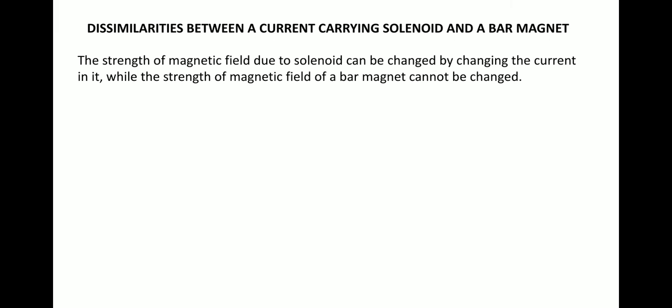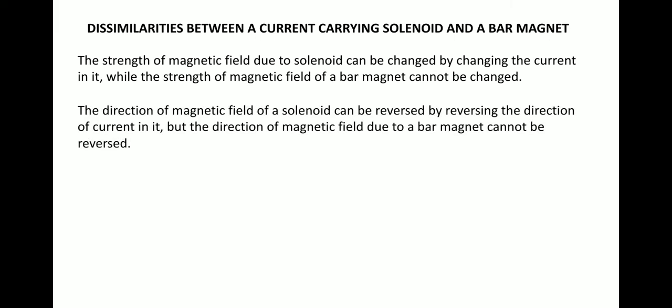The next important dissimilarity is that the direction of the magnetic field of a solenoid can be reversed by reversing the direction of current in it. If you exchange the positive and negative terminals of a solenoid, its north pole will become the south pole and the south pole will become the north pole. So you can reverse the poles of a solenoid simply by reversing the direction of the current flowing through it.